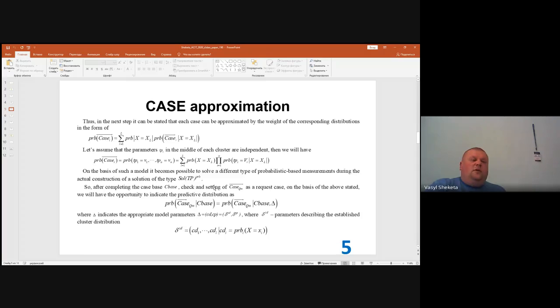The previous slide showed a very simple situation, but in real drilling, nothing is so simple, and we need to approximate these cases. Such approximation can be made by some probabilities, and these probabilities will be assigned to the querying case.